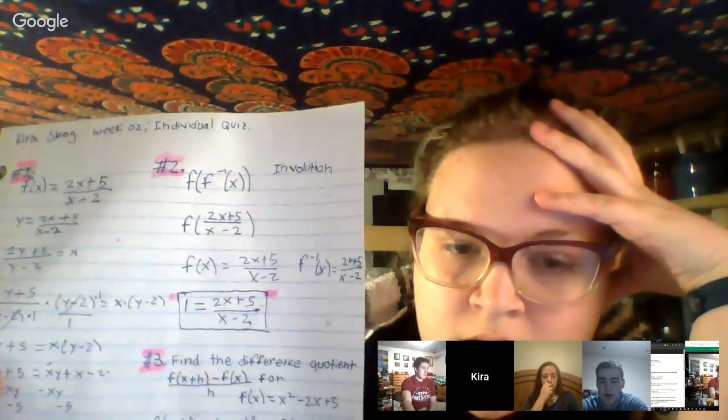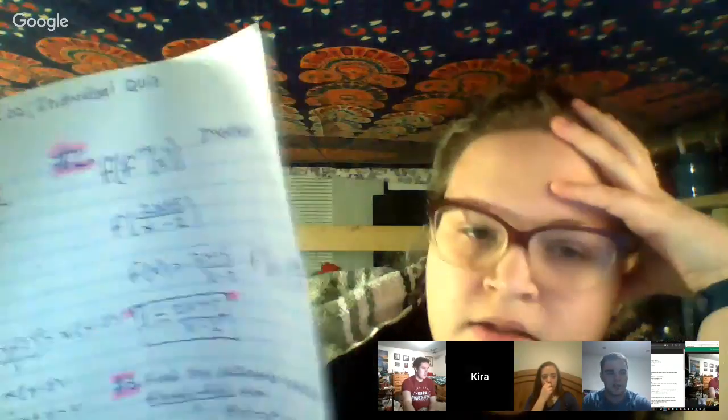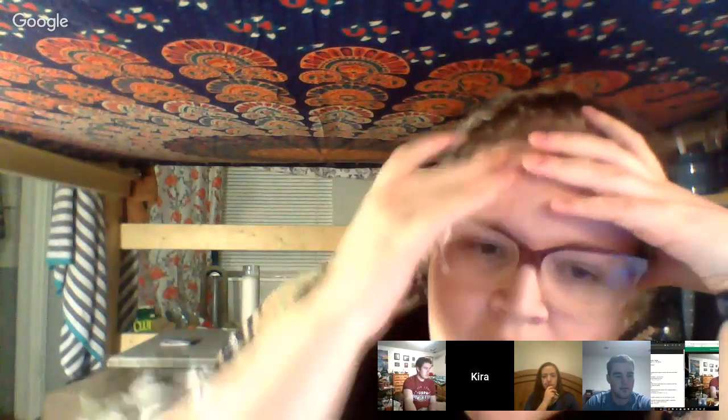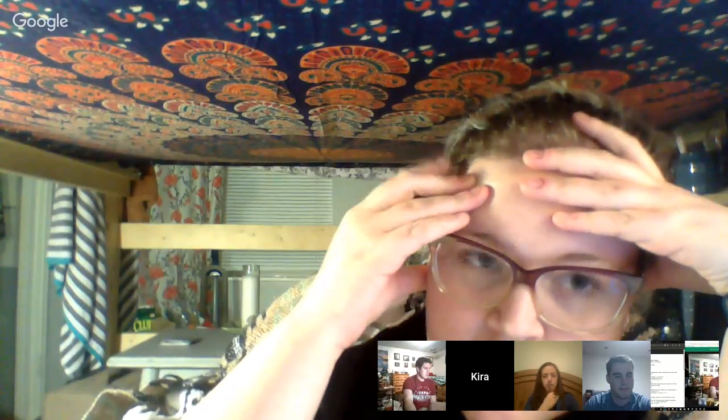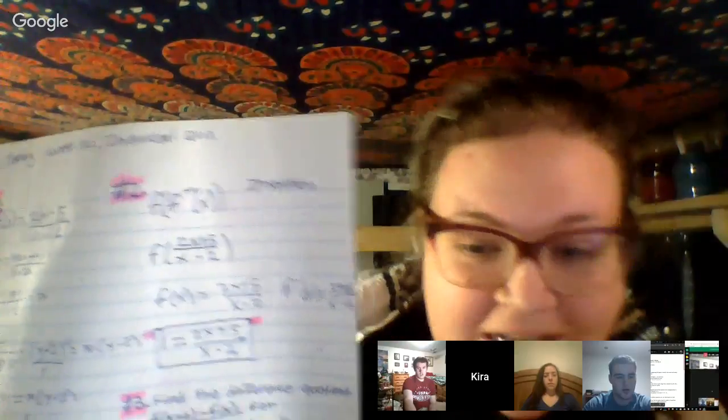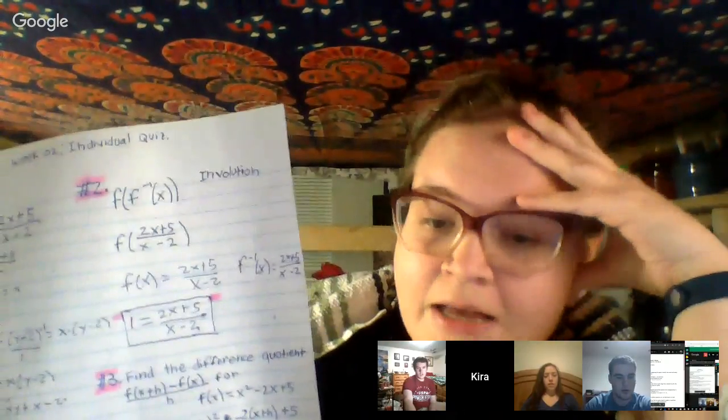Okay, one sec. I have this little site I can put it into. I figured out that the inverse was the same because there was a 2 in the y and a negative 2 in the x of the second. It canceled out and ended up being the same. The inverse function ended up being the same function. I was confused because I didn't know what to do after that.